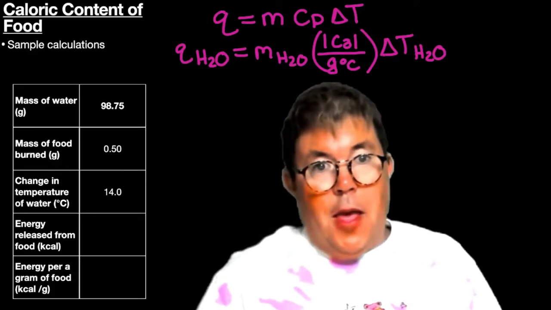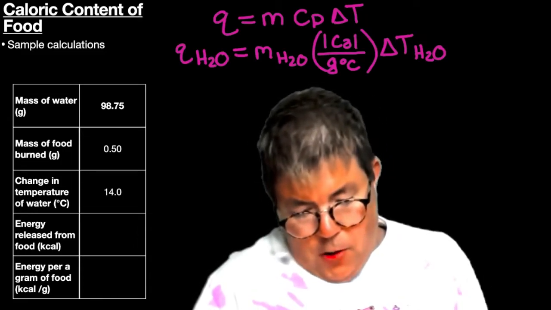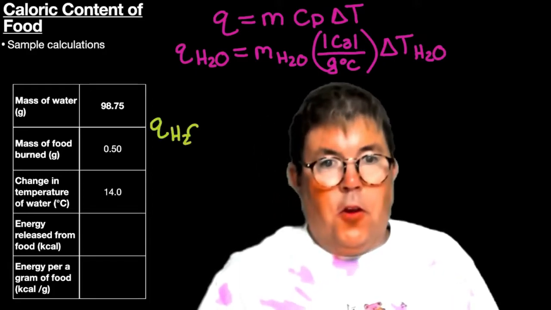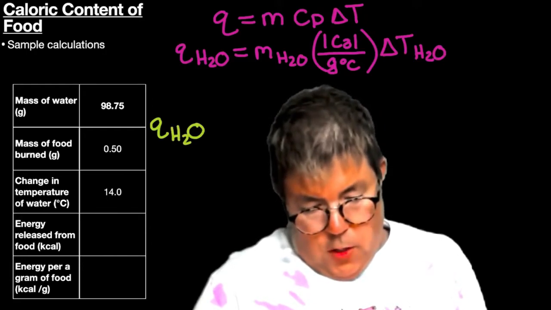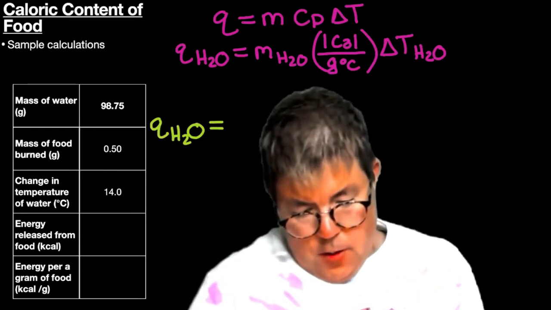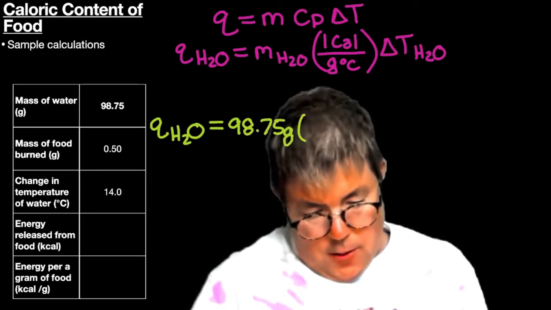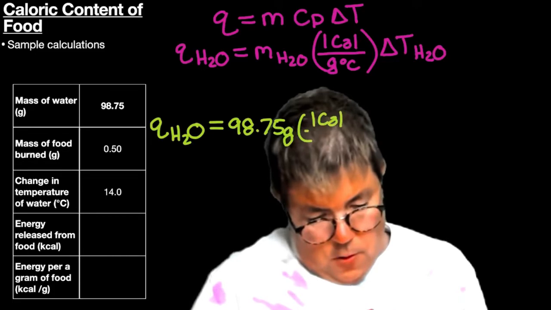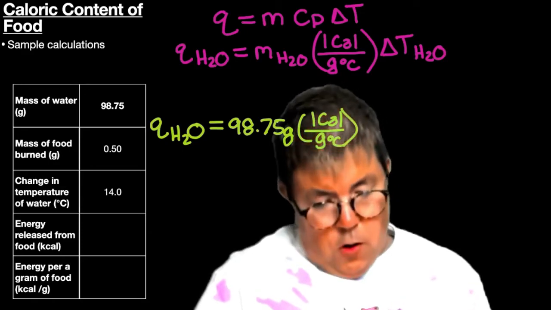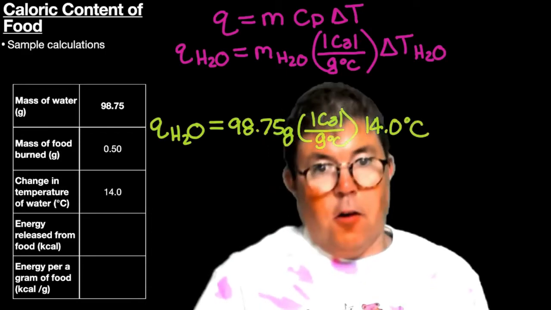Let us do a sample calculation. So I'm going to calculate Q of H2O. My Q of H2O is going to equal the weight of water, 98.75 grams, multiplied by specific heat, 1 calorie per gram degree Celsius, times the change in temperature of the water, which is 14.0 degrees Celsius.